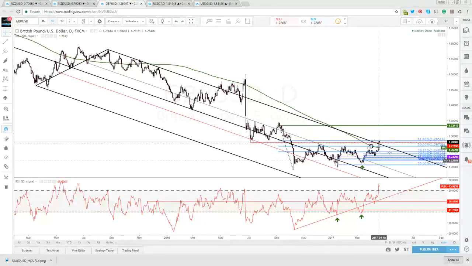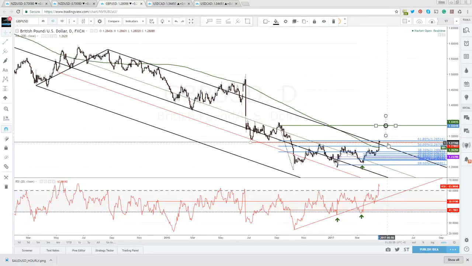Now that doesn't mean that we can't get back in it anymore, but there's a whole lot of indications that this is the real thing, the breakout of the mothers of all breakouts, so to speak. What are we looking at? I hope you took advantage of this move, either with pound or with pound yen or pound Kiwi, pound Aussie.